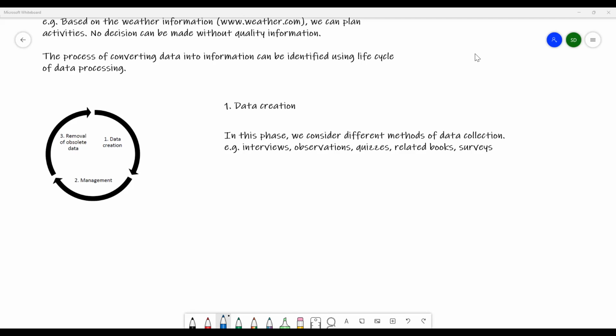Then you can have quizzes. You can ask particular questions and get answers from the users. You can refer to different documents to collect the data. You can have surveys. You give a questionnaire, you get the data you need. So this phase we call data creation. So that's the first step.